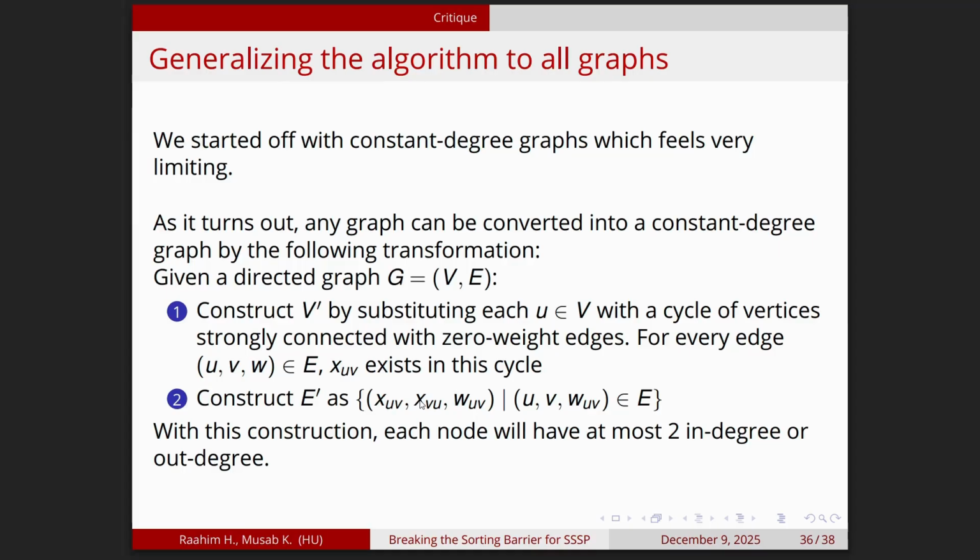For every edge UV in the original graph, the vertex X_UV exists in this cycle. Then we can construct E prime, a set of new edges, connecting two vertices, X_UV and X_VU, in the new graph with weight W_UV if the edge U comma V with weight W_UV existed in the original set. You can work this out, and it turns out that every node in this new construction has at most 2 in and out degree, and the shortest paths do not change.